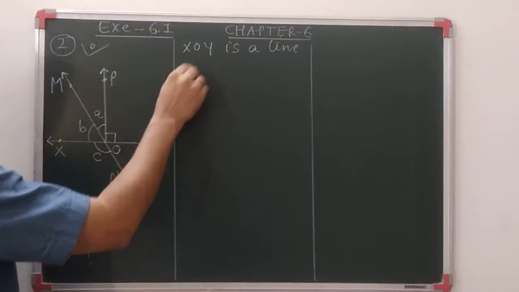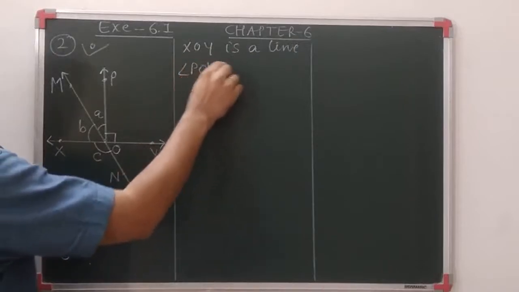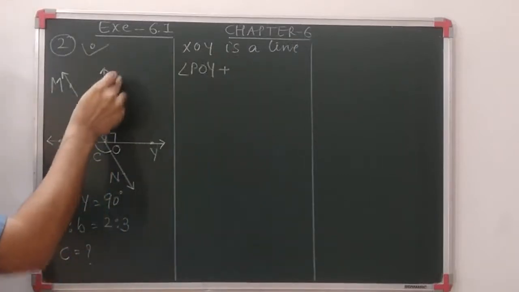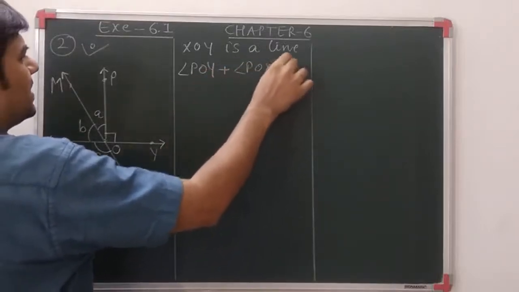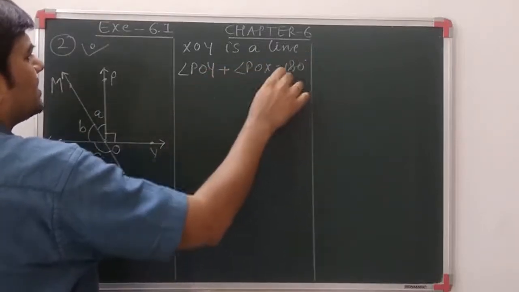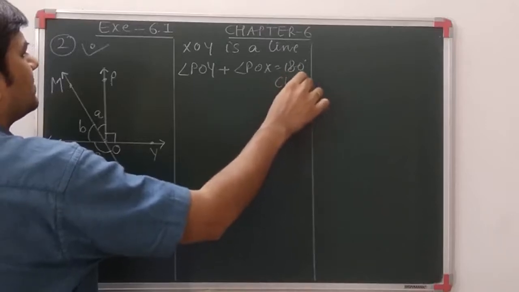So we can write POY plus POX is 180 degrees.